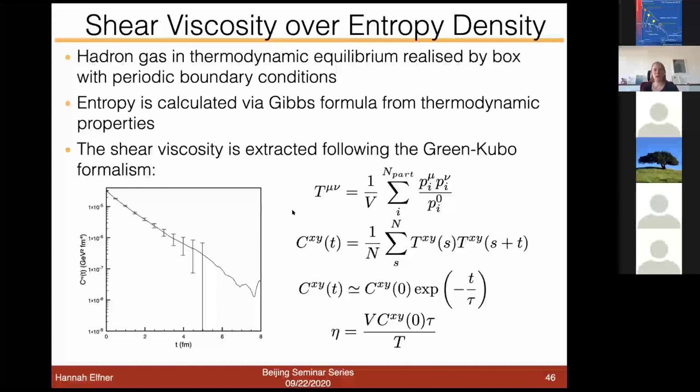We calculated the entropy via thermodynamics, and the shear viscosity from correlation functions. So you calculate the energy momentum tensor and correlate it over time steps. You get something like this, and then one can fit this with an exponential, and that tells you what your shear viscosity in the system is.